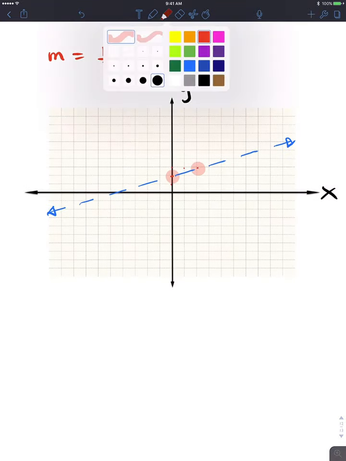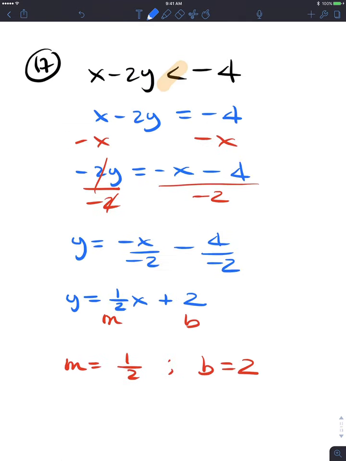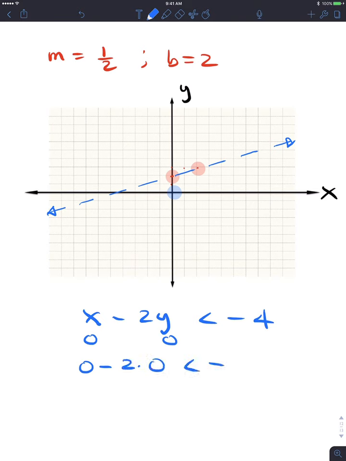Notice the origin is available, 0, 0. So go back to the original inequality for number 17, x minus 2y is less than negative 4. The origin is available, means x is 0, y is 0, or 0 minus 2 times 0 less than negative 4. 0 minus 0 less than negative 4.